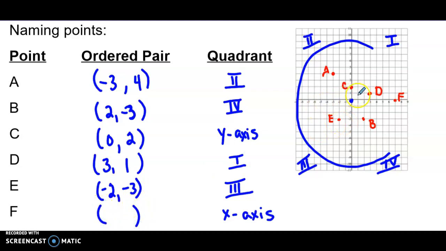Finally, point F, we're going to start at the origin. To get from here to here, we need to go to the right 1, 2, 3, 4, 5, 6, 7 spaces. Since we went to the right of the origin, it is positive. Now we don't have to go either up or down. We stay right where we are to get to point F. So our y value is 0.